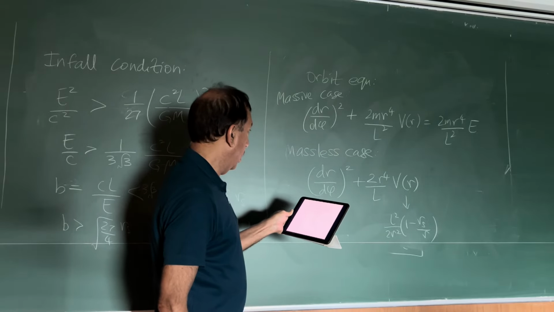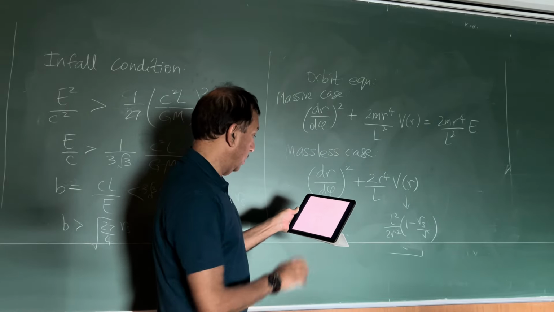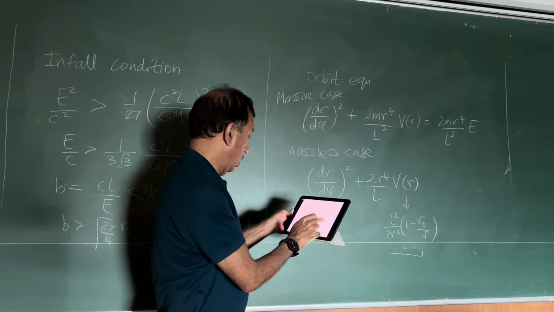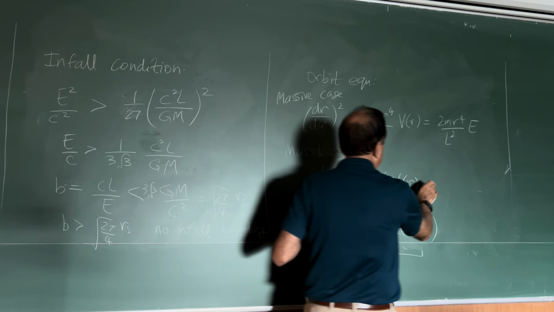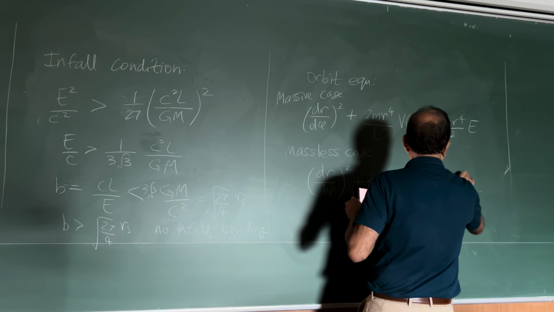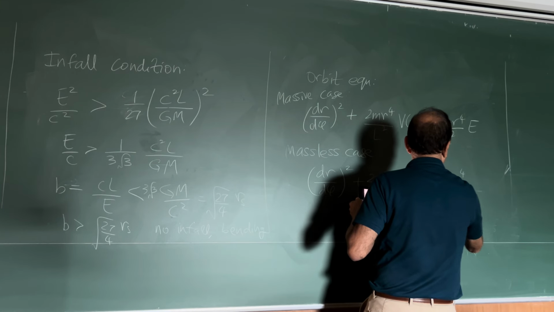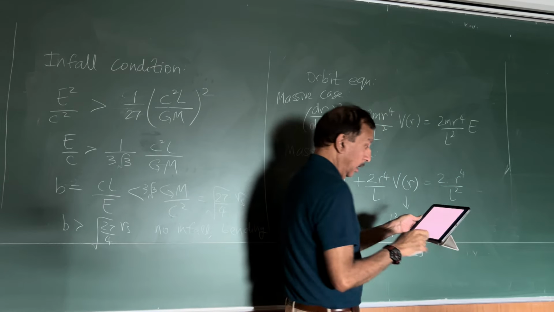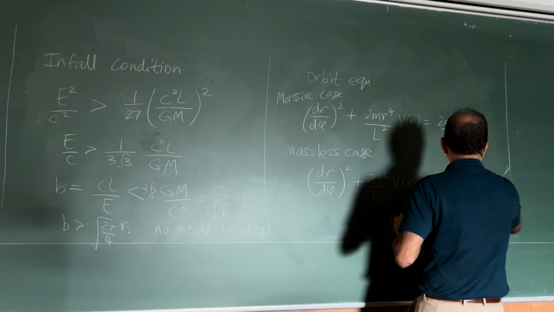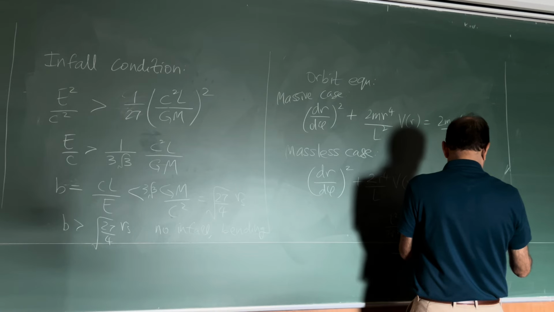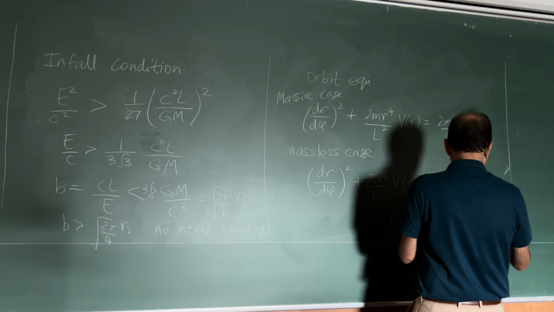And so this thing plus that is equal to, now what's on the right hand side? Again, there is no L, and it's not directly E. This is actually E squared by 2C squared.